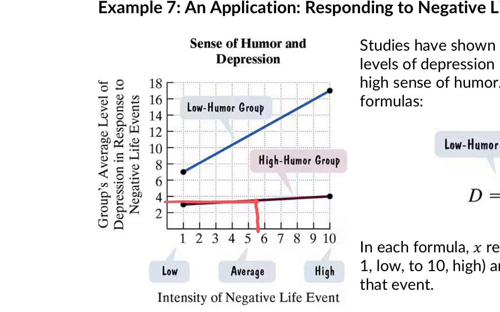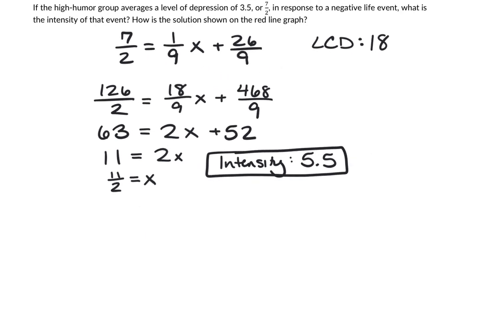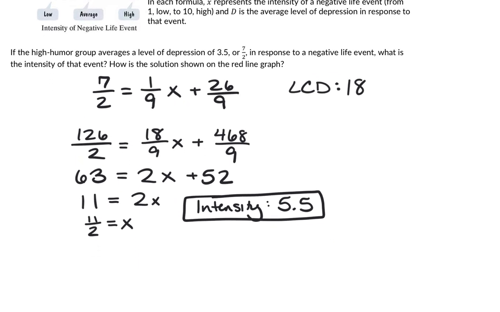If I look at that coordinate point, that would be right here where x is 5.5. Is my output 3.5? Yeah, that's pretty good. So that means our coordinate point on the red line graph would be the point (5.5, 3.5).